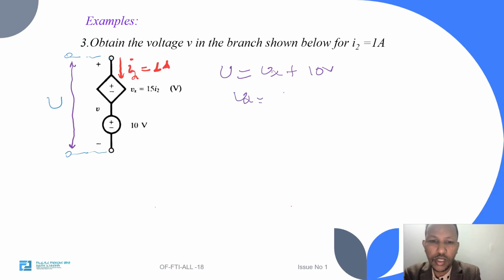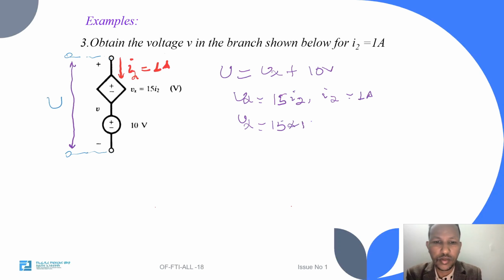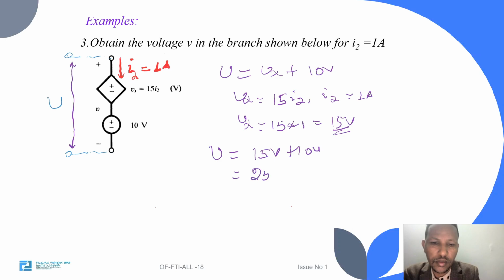Vx is equal to 50 I2. What's I2? That is 1 ampere. So Vx should be 50 times 1, so it should be 15 volt. So V should be Vx plus 10 volts, so 15 volt plus 10 volt, which is equal to 25 volt. 25 volt.